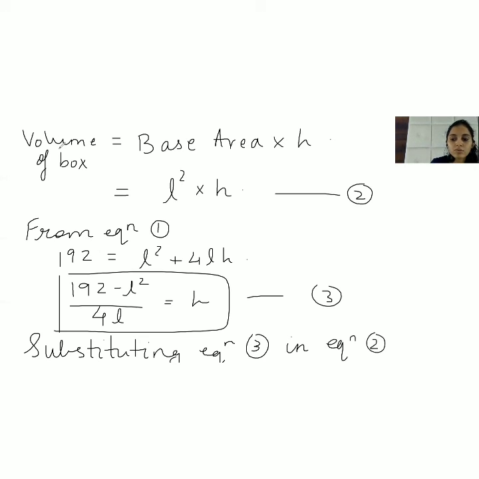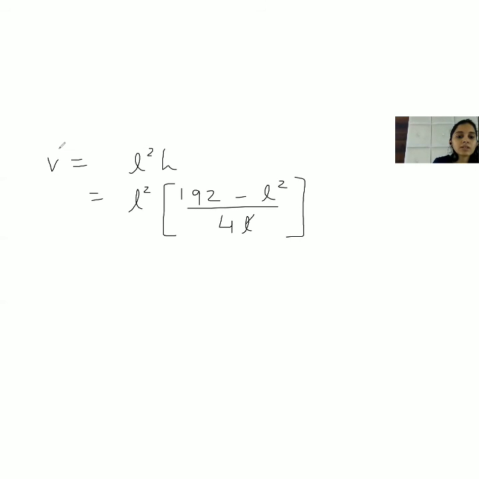So we can say volume is equal to L square H, which is equal to L square multiplied by 192 minus L square upon 4L. So L cancels out. We are left with 192 upon 4 into L minus L cube upon 4.